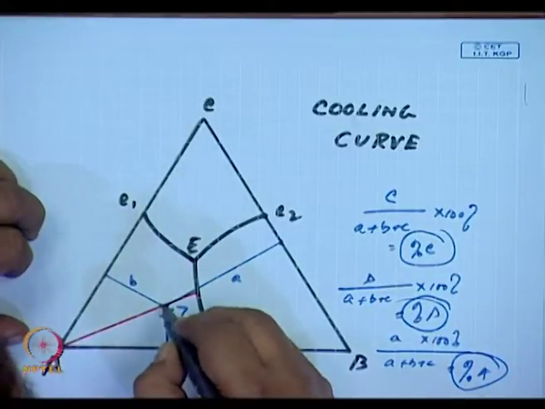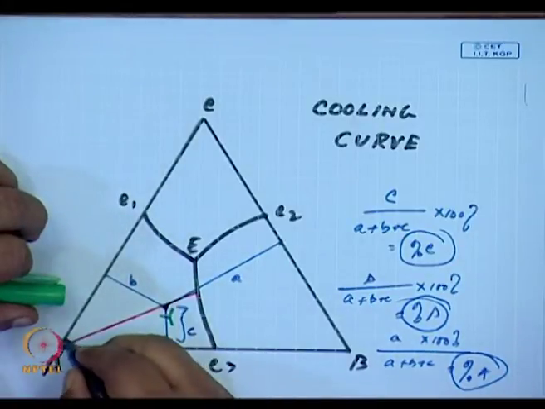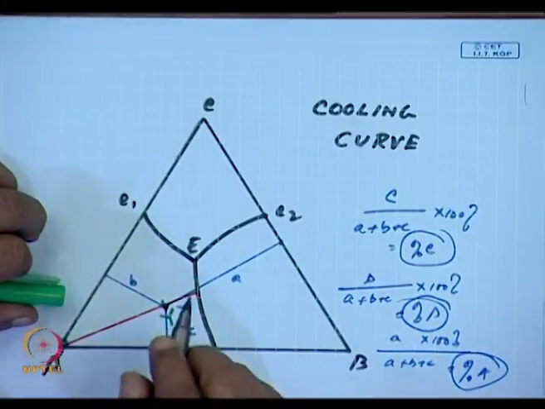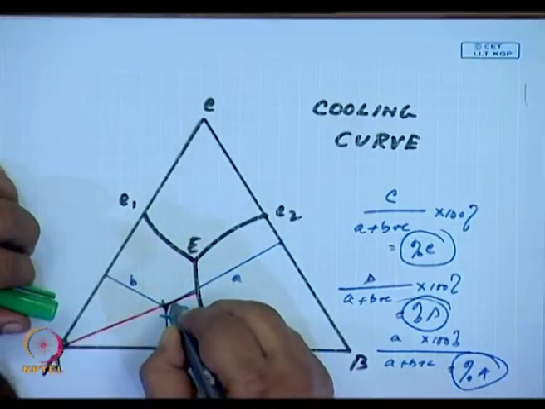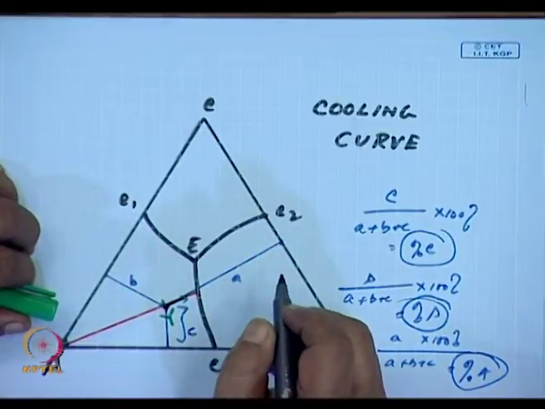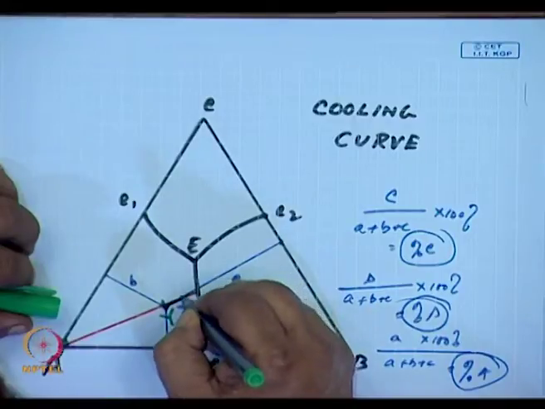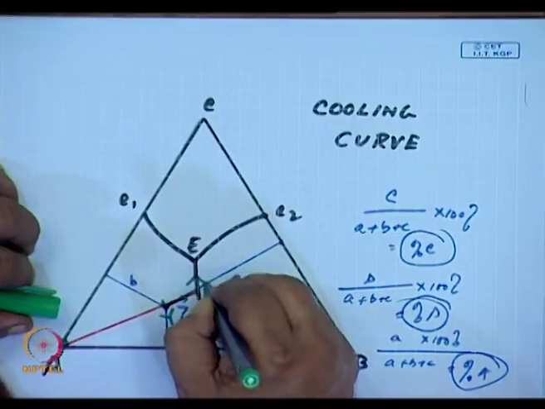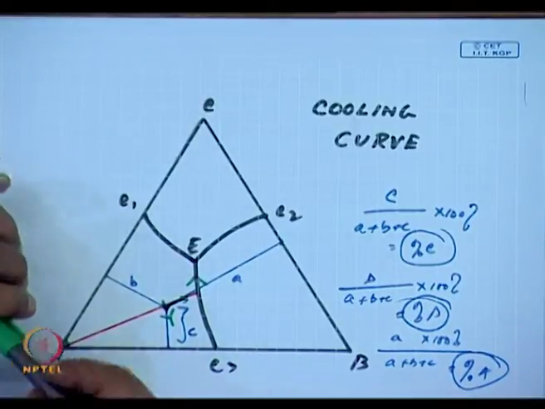Hence, up to this stage, at the temperatures represented over this, nothing would happen, it would cool down. But right from here, as it is coming down, phases will start precipitating. It would cool along this line until the temperature reaches that of this eutectic.